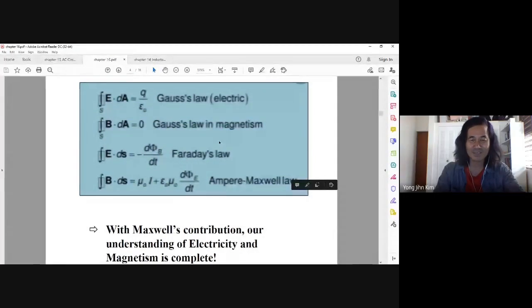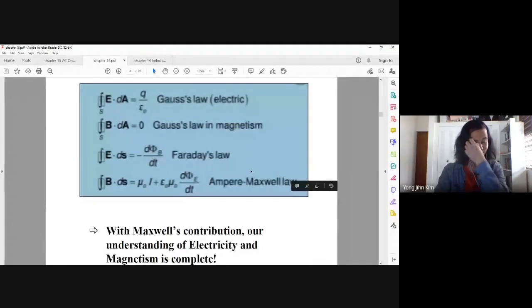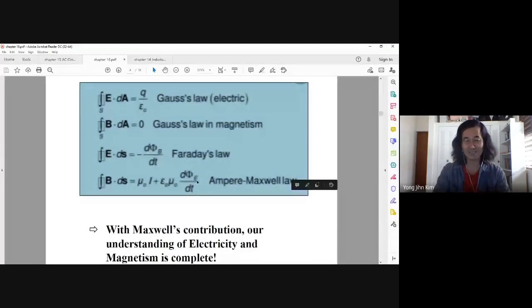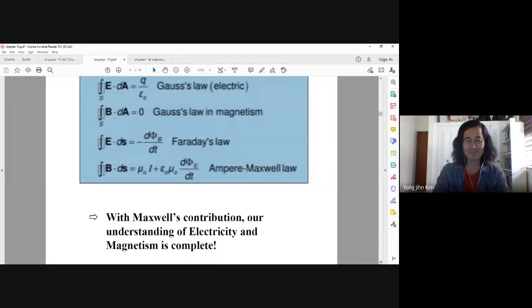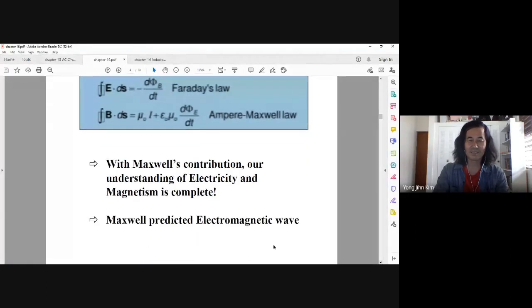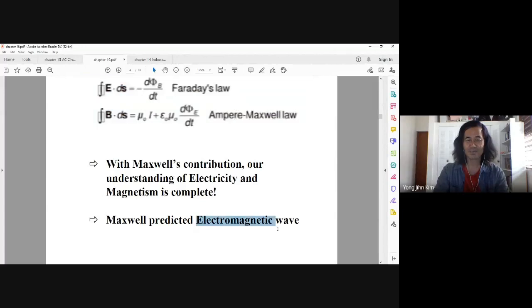Now these four equations are called Maxwell's equations. By adding this term, our understanding of electricity and magnetism is complete. And then Maxwell predicted the electromagnetic wave.